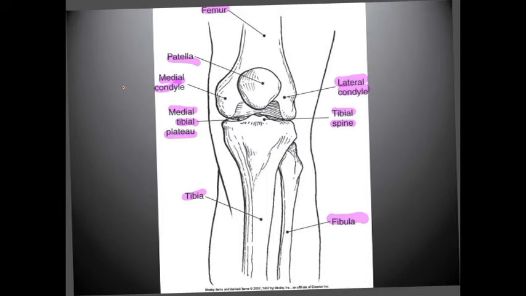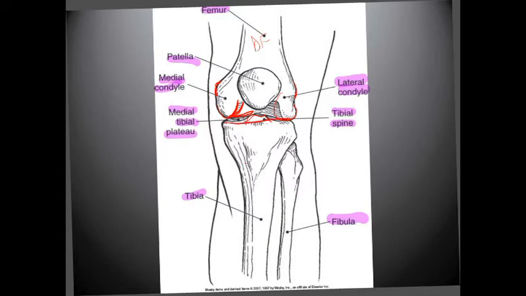So here we can see a diagram of the knee. As we can see, we have the distal femur, then we have the medial epicondyle, lateral epicondyle, lateral condyle, medial condyle. We have the tibial spine here.